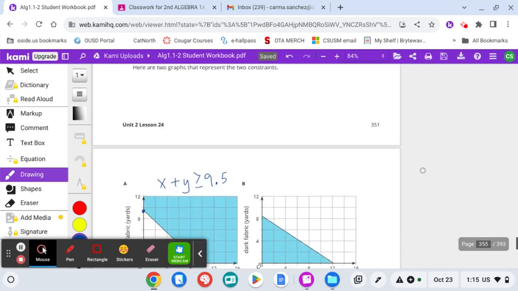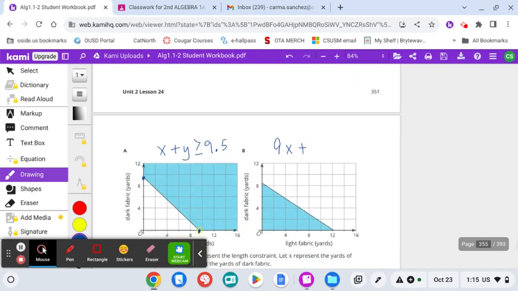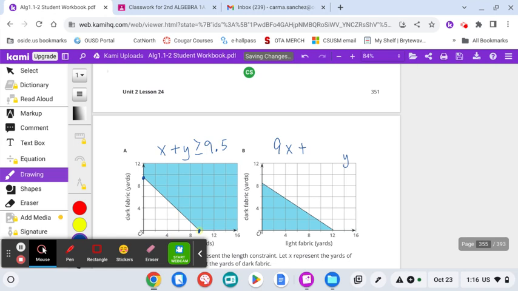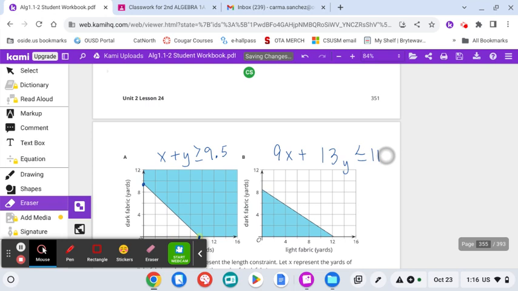And then the second one, 9 per light fabric, 13 per darker fabric, has to stay under a budget of 110. Okay, and this one goes with the second one.